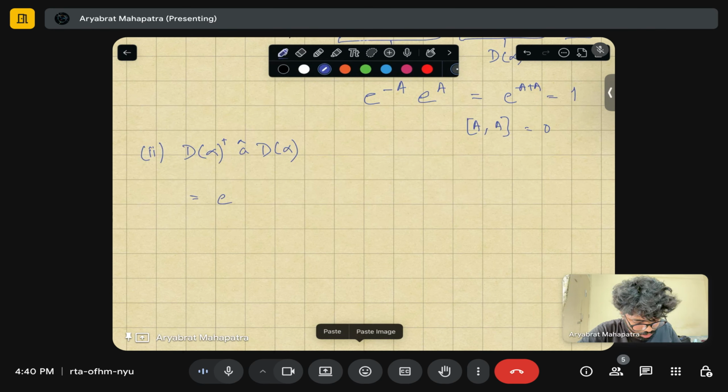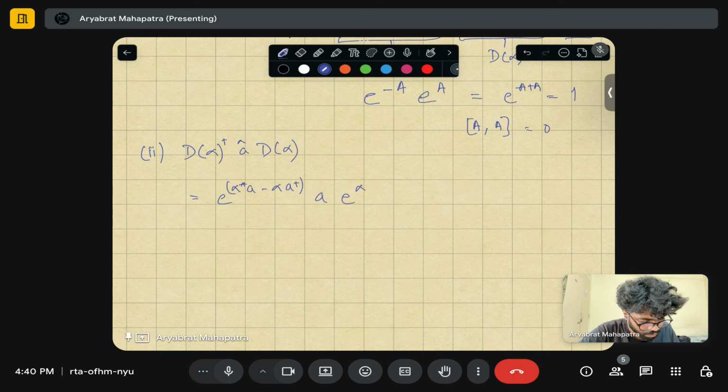Let's write this as e to the power alpha star a minus alpha a dagger, then a, then e to the power alpha a dagger minus alpha star a.